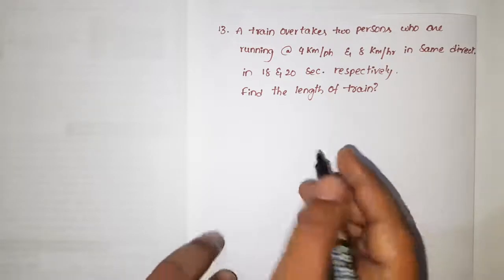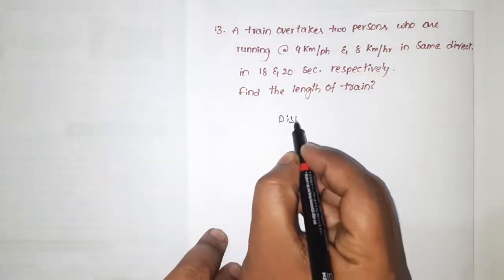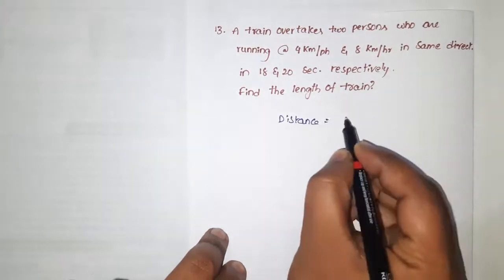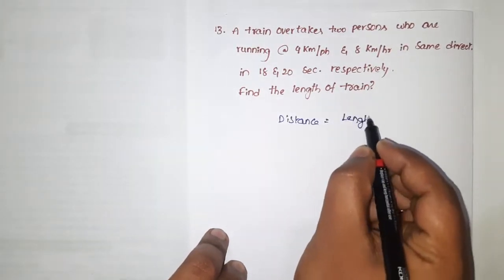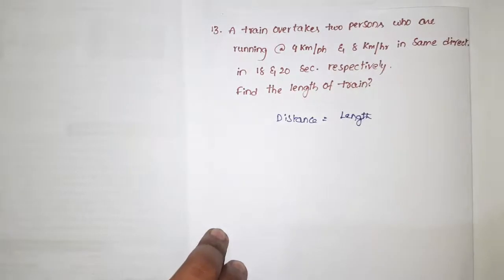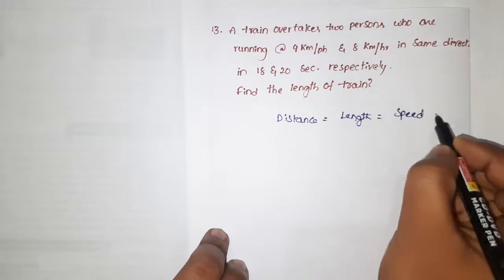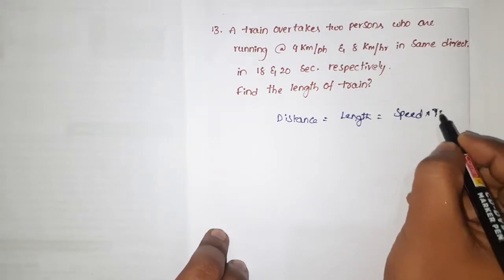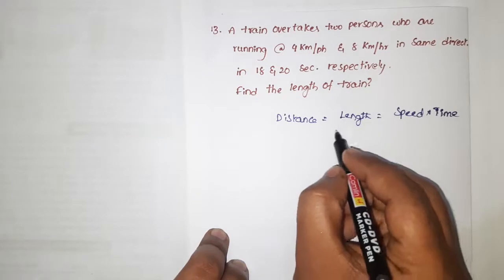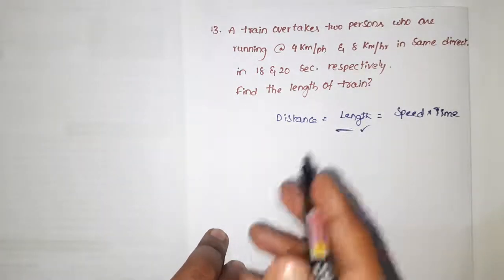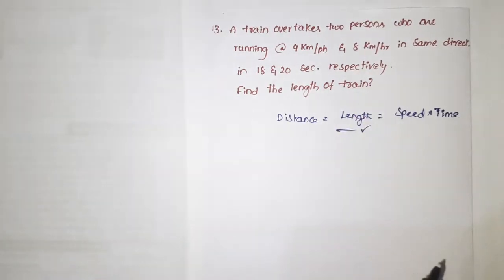So distance traveled is nothing but the length of the train itself, which is equal to speed into time. We use this relationship to find the length of the train. So the simple thing is, if we find out the speed, we can find out the distance, which is nothing but the length of the train.